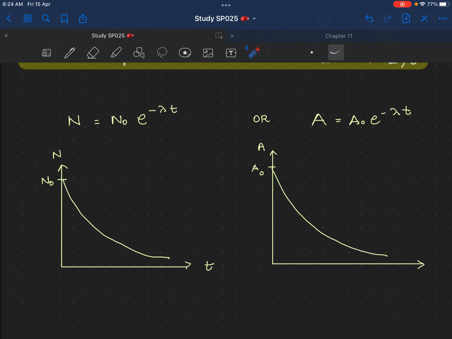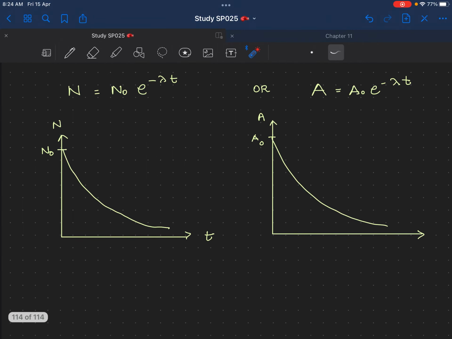Right. So what else can we obtain from this kind of graph? Say we have time on the axis. Another thing you can obtain is when the number becomes half. Say we have 1000 nuclei at the start that are very unstable, and then it becomes 500. When we extrapolate this graph, we obtain a time here.